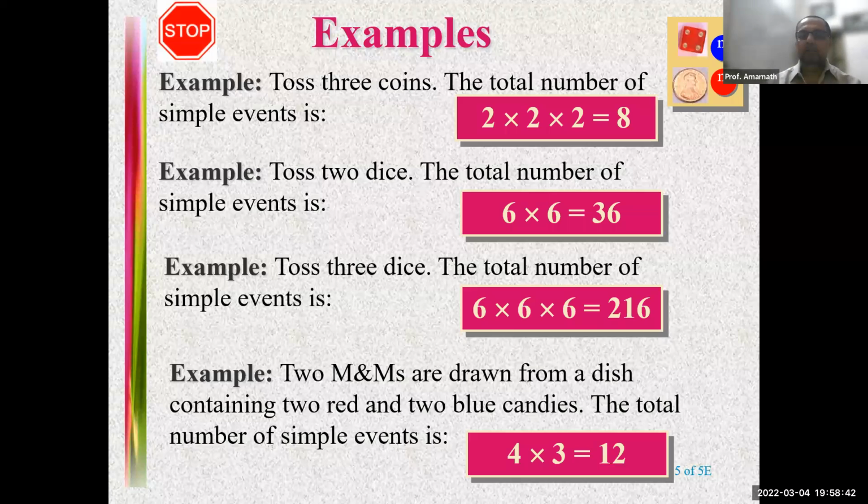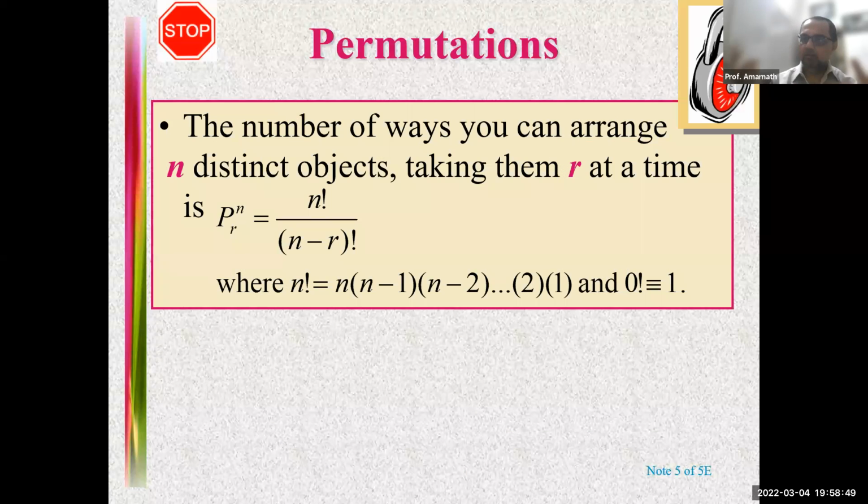When we have counting, I think we have learned about permutations already in our school days. So the link is given here. The number of ways you can arrange n distinct objects taking them r at a time is P(n, r). That's what we call it. It is n factorial divided by (n minus r) factorial, where n factorial is n into n minus 1 into n minus 2, and so on up till 2 into 1, and 0 factorial is always 1.